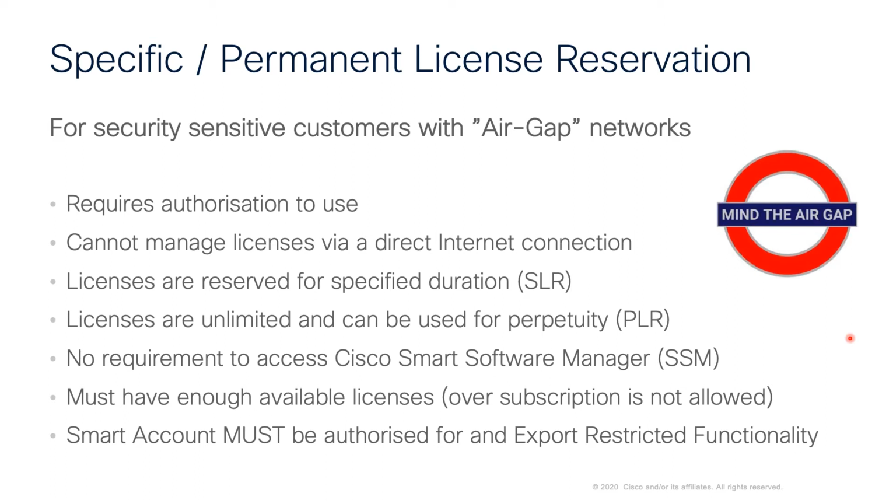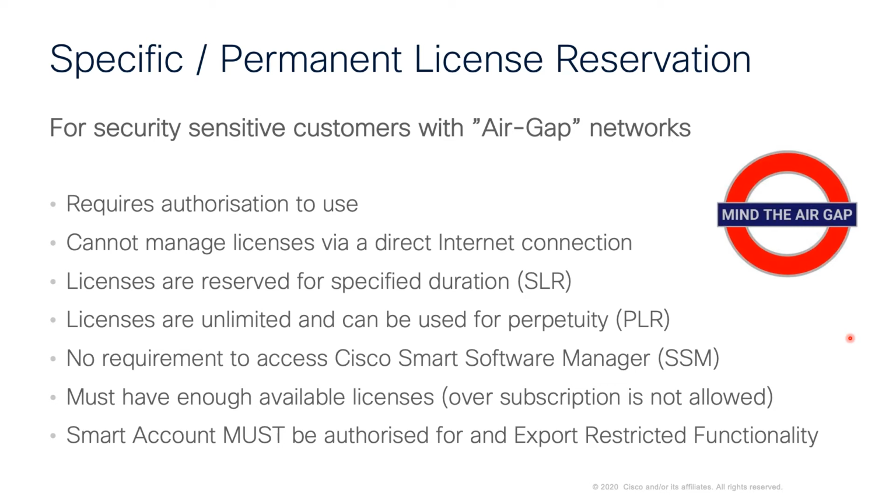Now, with specific license reservation, the licenses are reserved for a specified duration, whereas with permanent license reservation, or sometimes referred to as universal, then those licenses can be used for perpetuity. With specific or permanent license reservation, there is no requirement to access the Cisco Smart Software Manager, but you must have enough licenses available to cover your actual estate and the devices and features that you have in your environment.